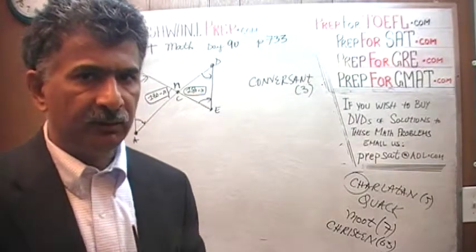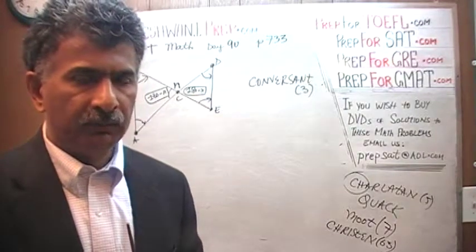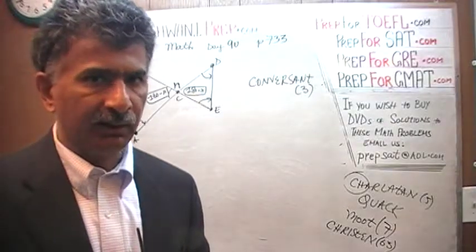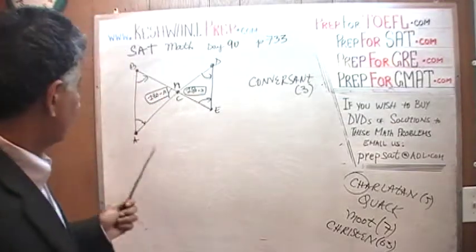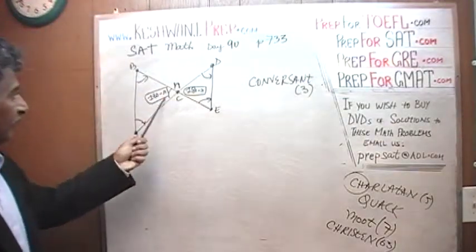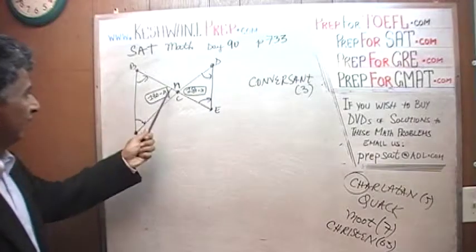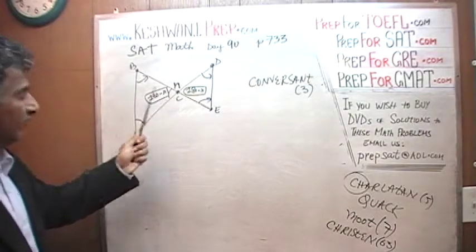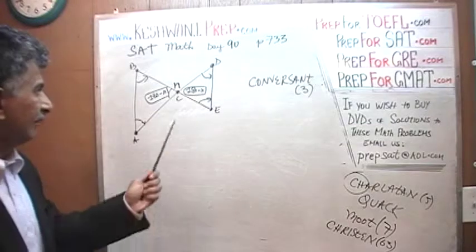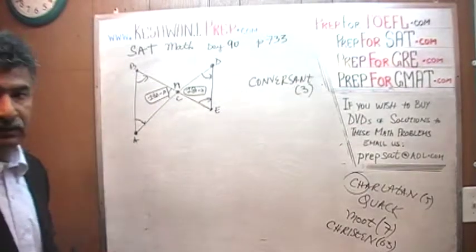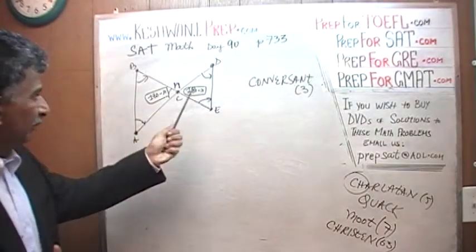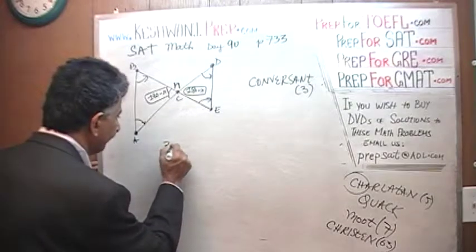The sum of the angles in any triangle is 180. Therefore, this angle plus this angle plus this angle in triangle ABC, their sum is 180. Similarly, in triangle CDE, their sum is 180. 180 plus 180 is 360.